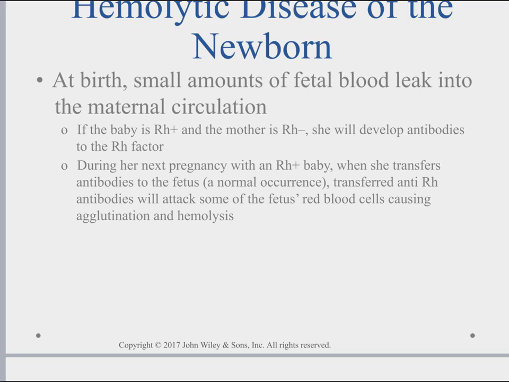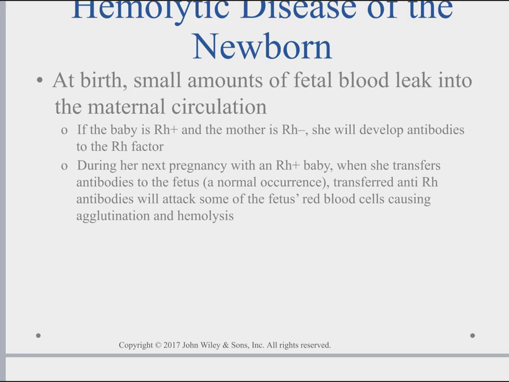So now if you get pregnant again and that baby is positive and again that mother is negative, the second time that fetal blood leaks into mom's circulatory system, now mom's body says, I recognize this. This is something I've seen before. I have the anti-Rh or anti-D antibodies already ready.